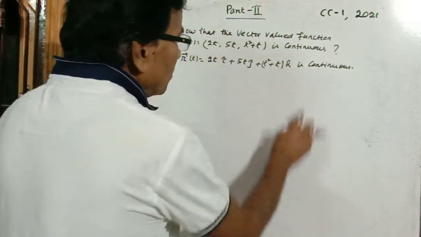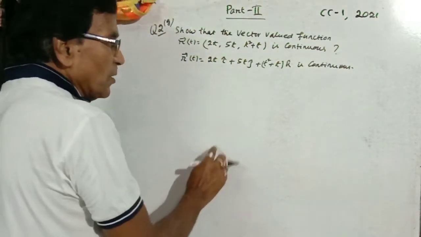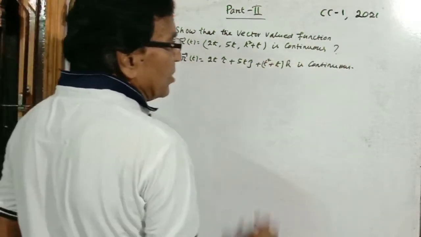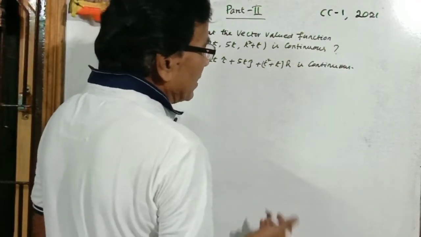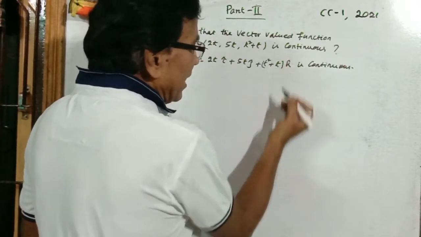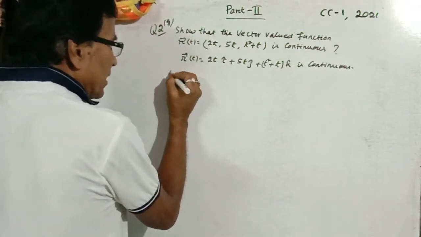So let us examine the continuity of this vector valued function at t equal to t0, where t0 is any real number.